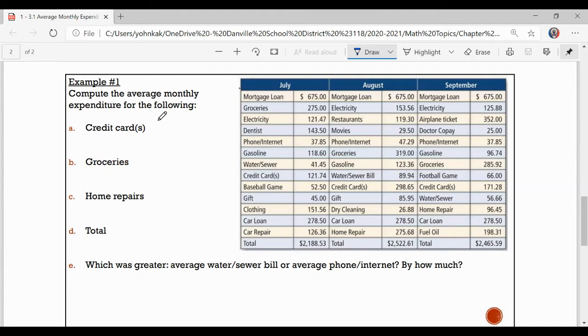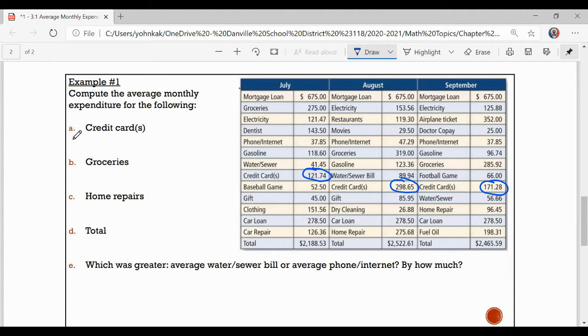Credit cards. To find the average monthly expenditure, you add up all of the credit card numbers and then divide by how many you added. In July, we spent 121.74, in August, 298.65, and in September, 171.28.